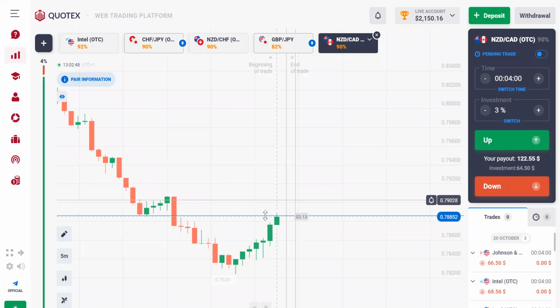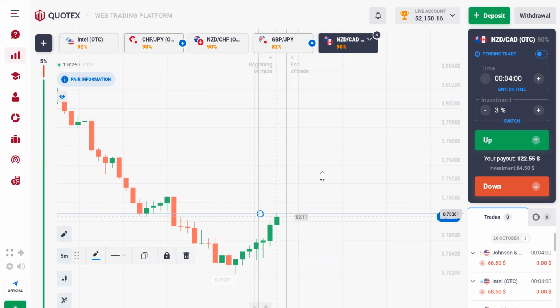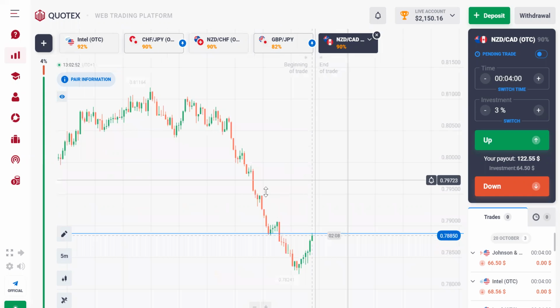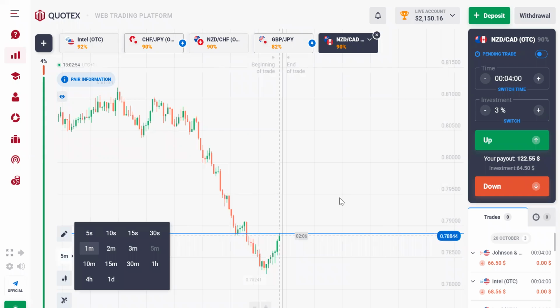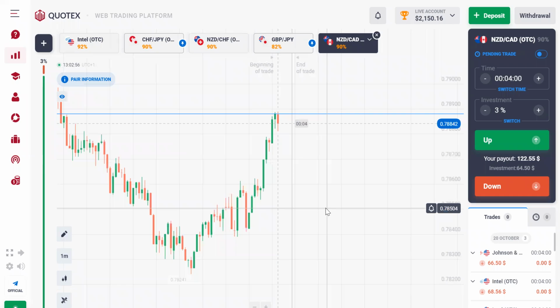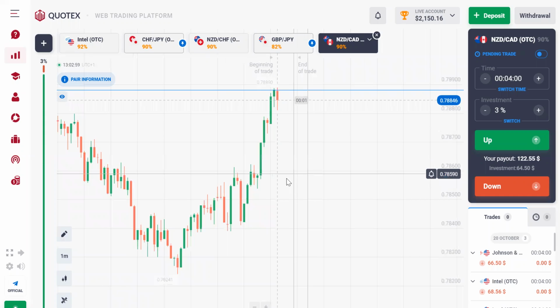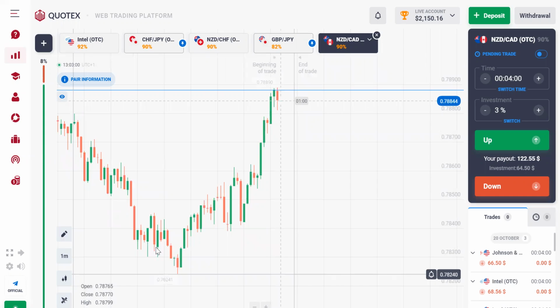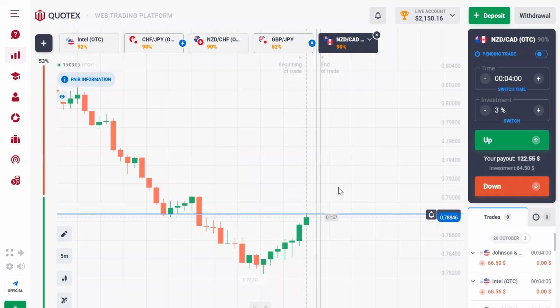The market is rejecting. We had some reversals around here. That might be some key level. Let's see what the price action will look like around here.